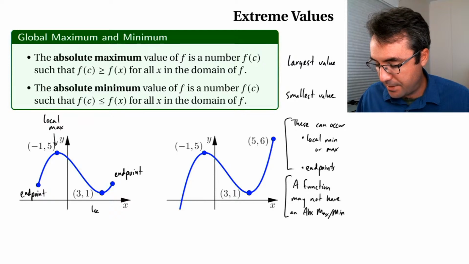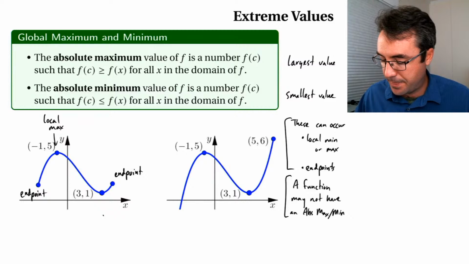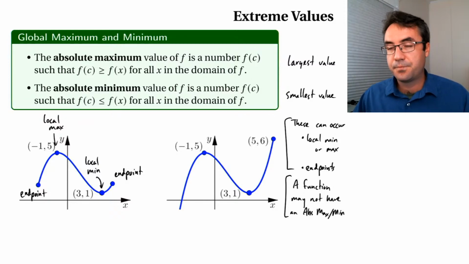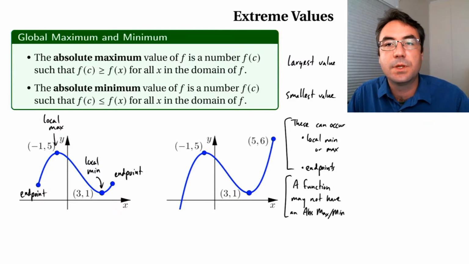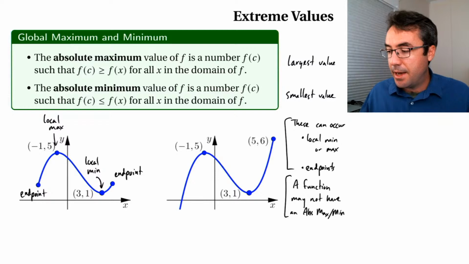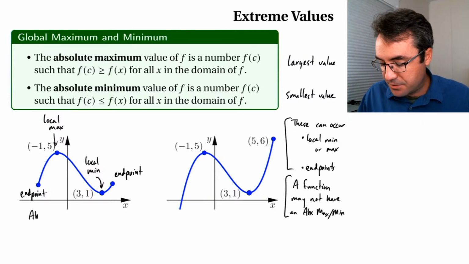And then over here we have a local min. So we have a local max point, we have a local min point, and then we have a few endpoints on our graph. Now, what is the absolute max value of our function?